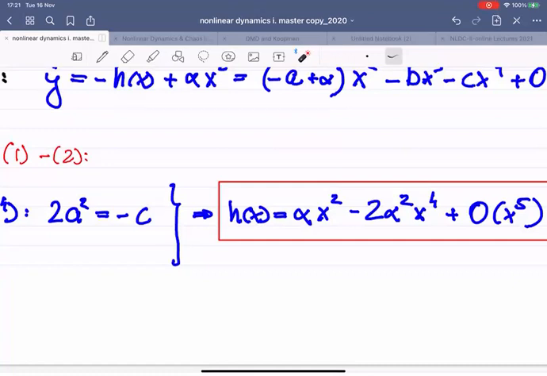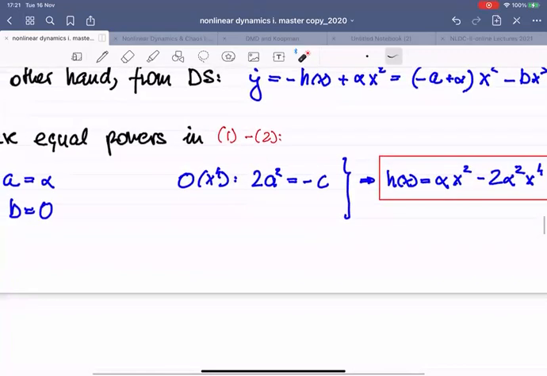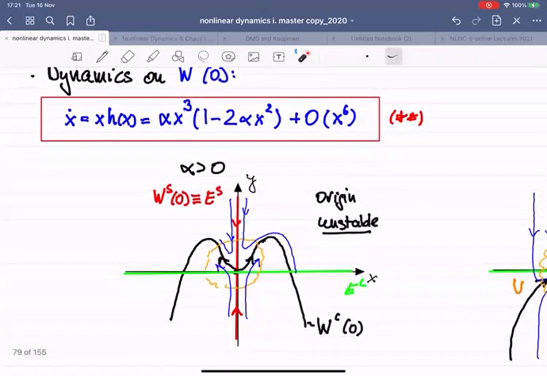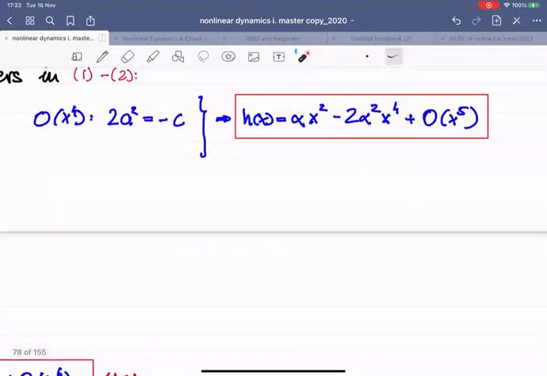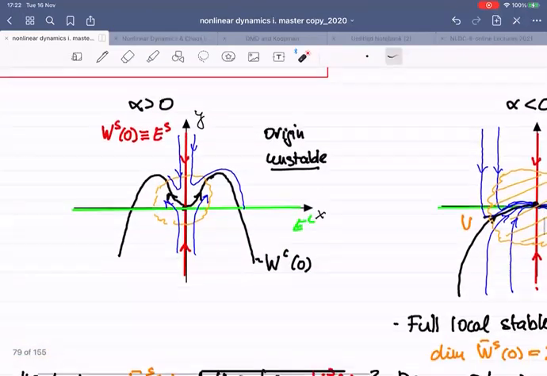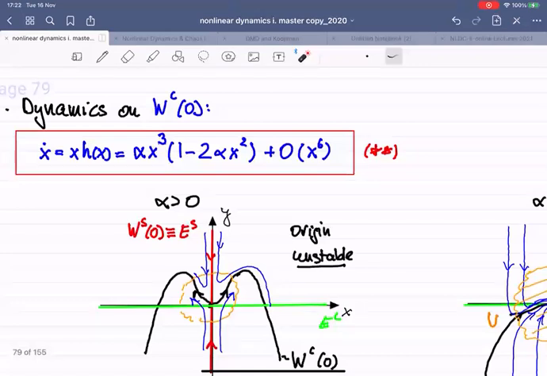But at any point, it will be symmetric, because you only have even order terms at this level of approximation. So when you put that together, this is the shape of your center manifold at this level of approximation. I'm not keeping the high order terms, only cutting off here. And then this is the reduced dynamics on the center manifold.